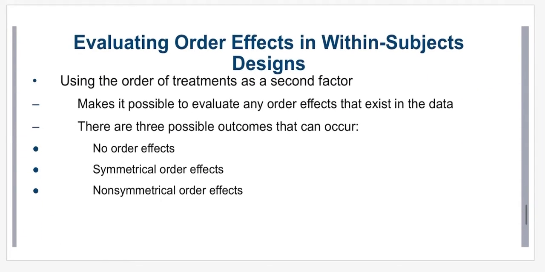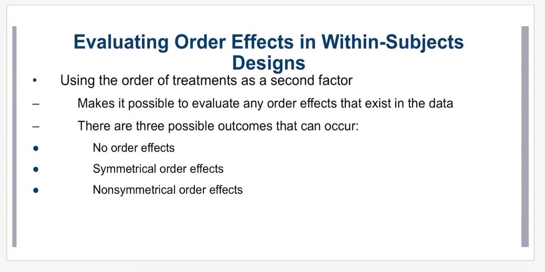And so our third and final application is evaluating order effects in within subjects design. So again, just like we talked about helping with variance in the between subjects design, because that's always a concern with between subjects, hopefully you remember that the common problem with within subjects designs is the order effects.